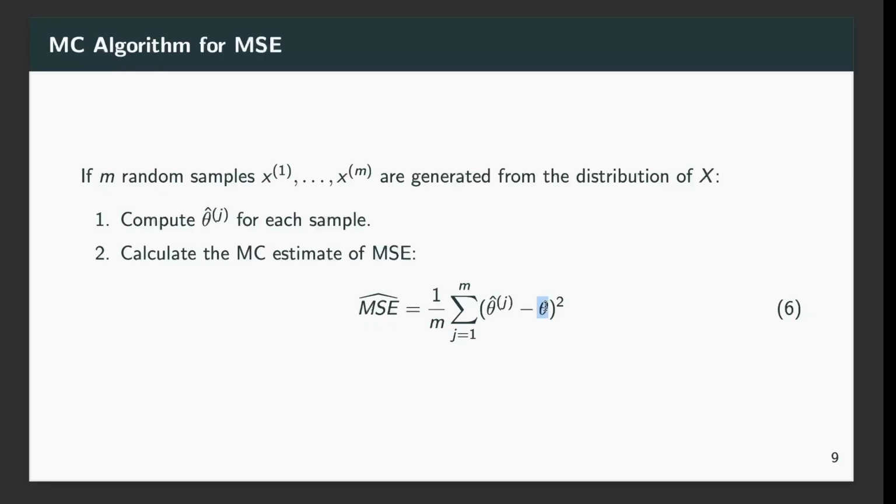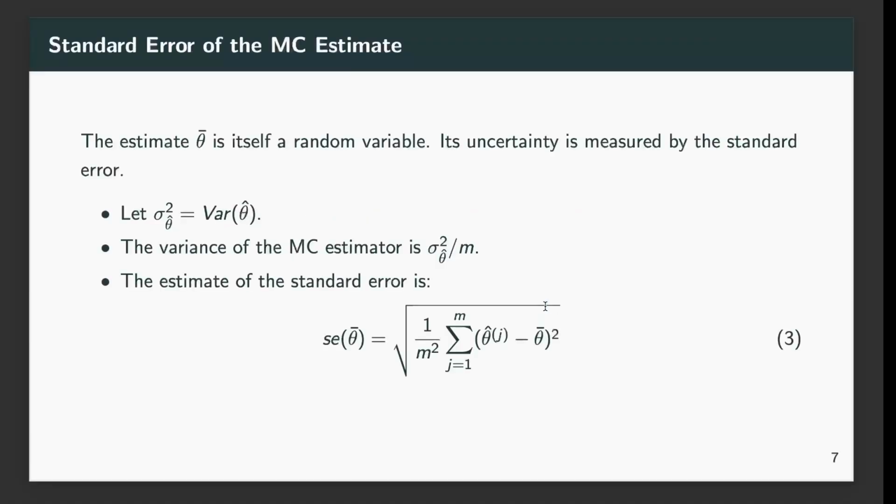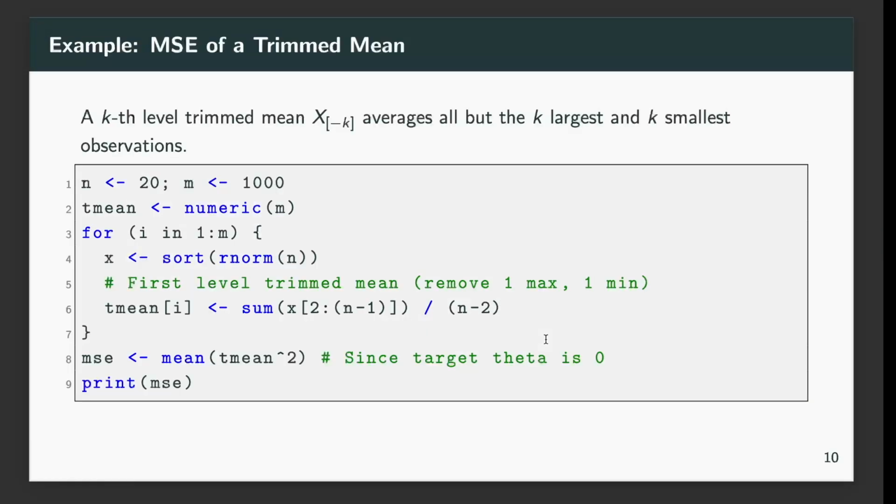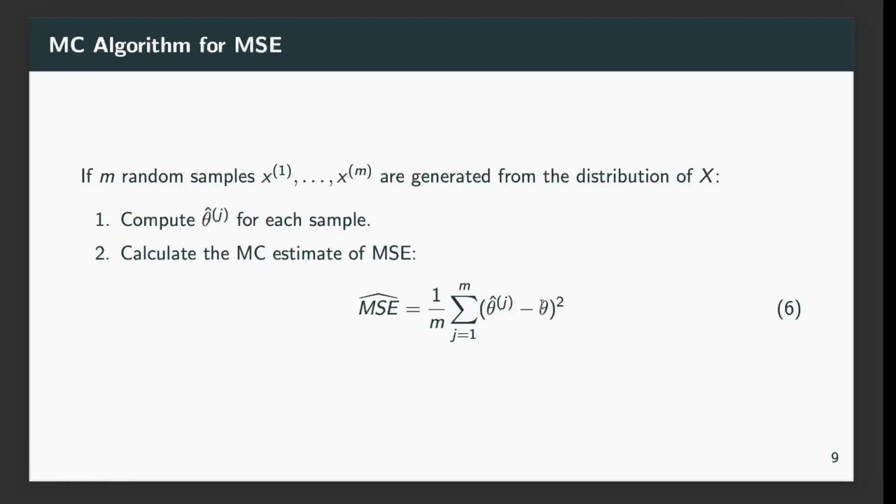In the previous slides we subtracted theta bar, but here we subtract the true value theta. So what we measure here is the squared deviation from the truth and not just from the empirical center. And this is the definition of the MSE. It involves the true theta.